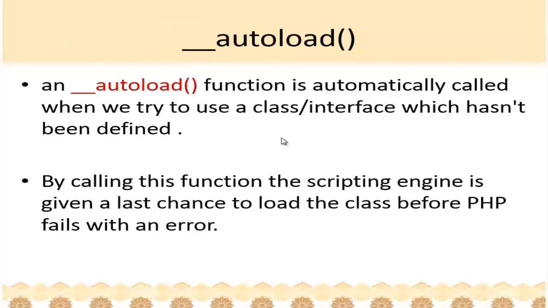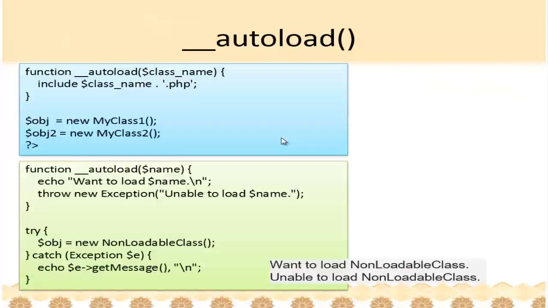If you want the interpreter to automatically load a class, suppose I say $student = new Student, and the Student class is written in a different file called student.php, and I want the interpreter to automatically load that class, then I can use autoload. The autoload will automatically load a class when it is required. It can be a class or it could be an interface. So how do I do that?